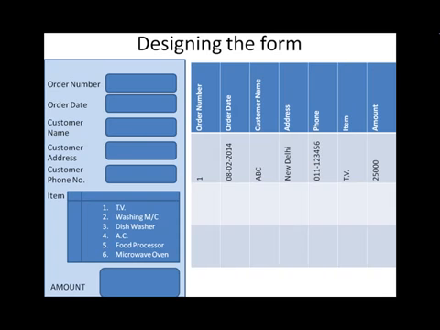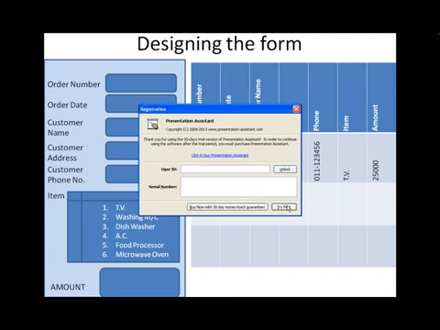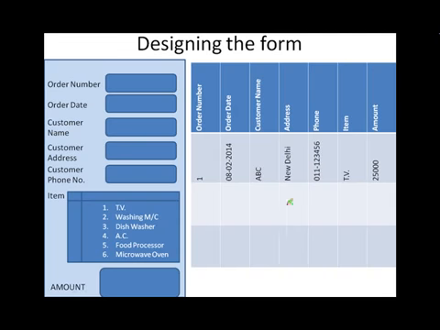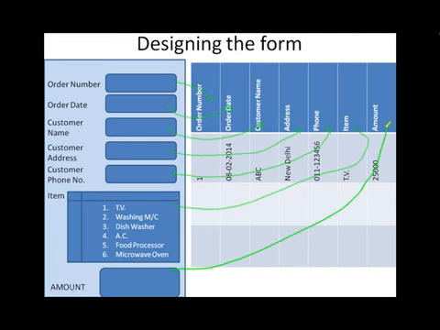Let's do the mapping here. Order number comes in here, order date comes in here, customer name comes in here, customer address is also here, phone number comes in here, the item selected comes here, last but not the least the amount also goes in here.